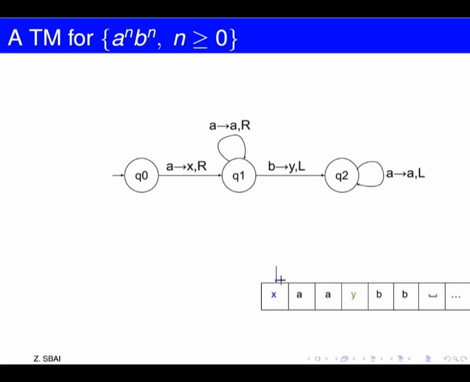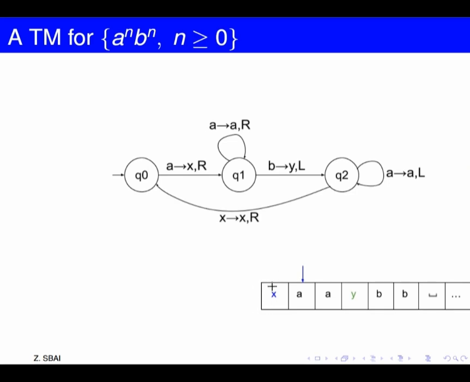When we point to this X, now we will move to the right one cell in order to find the next A to be visited or to be marked that it's visited. So here we will say that when we see the symbol X, we will just move right one cell and we will go back to Q0, from which we will do the changing again.